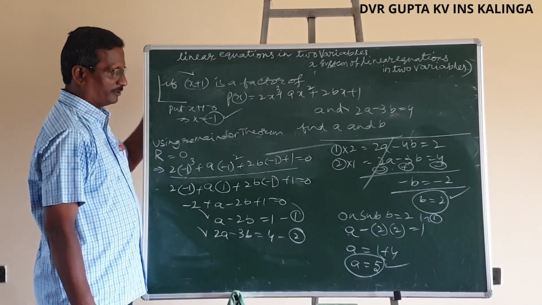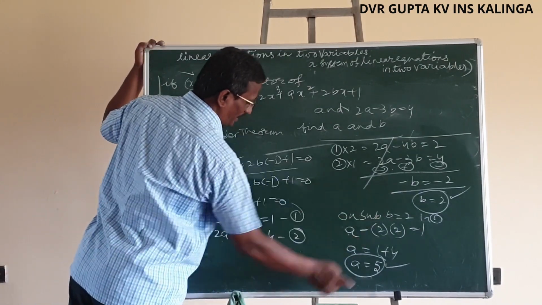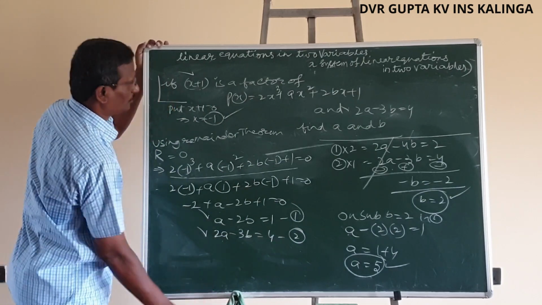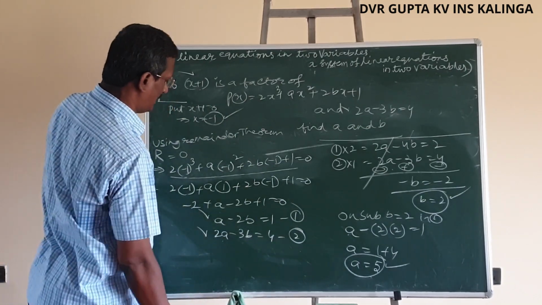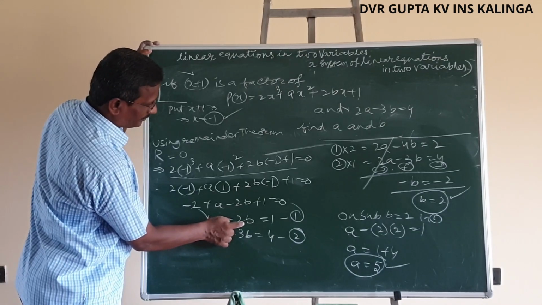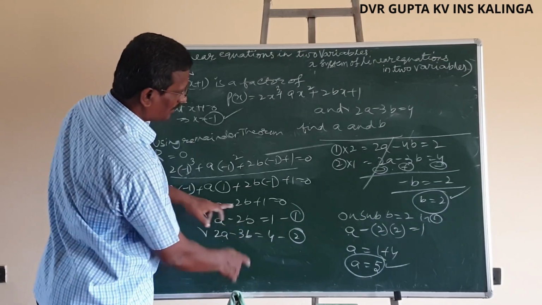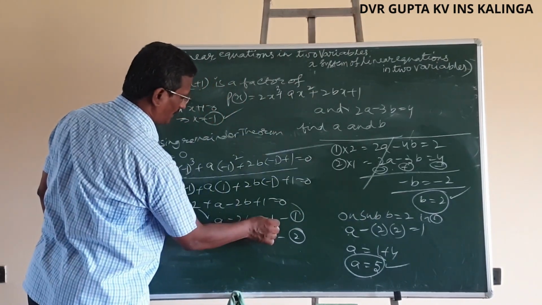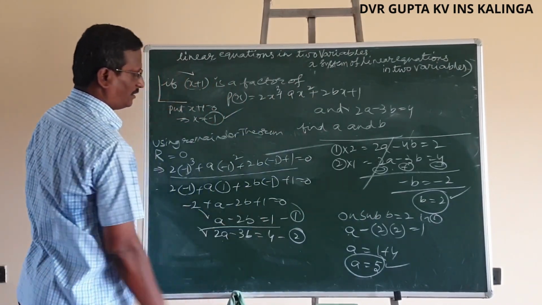And you can also check a is equal to 5 and b is equal to 2 by substituting in the equations, to confirm the correctness. First equation: 5 minus 2 into b, 2 2s are 4, 5 minus 4 is equal to 1. LHS is 1, RHS is also 1.